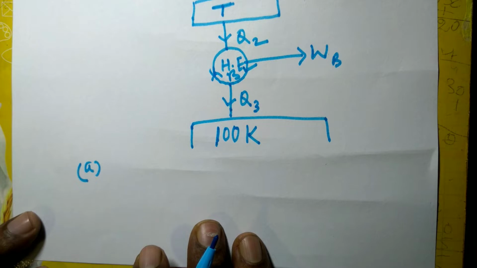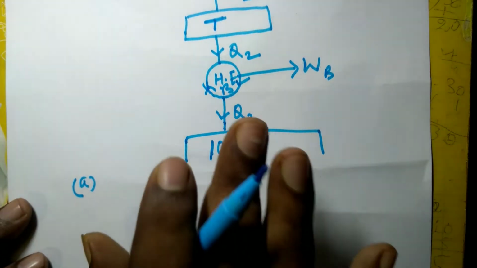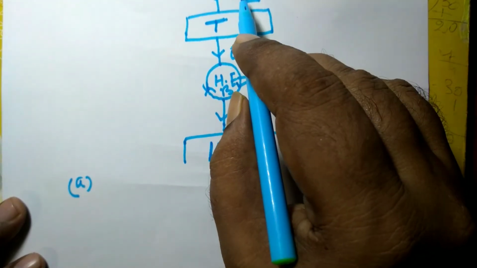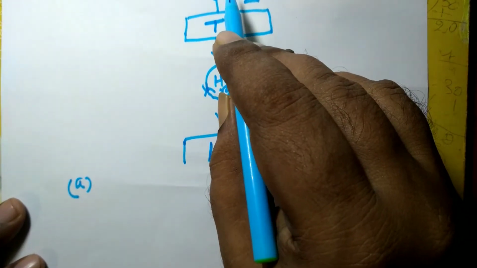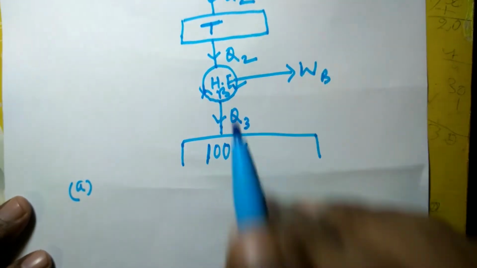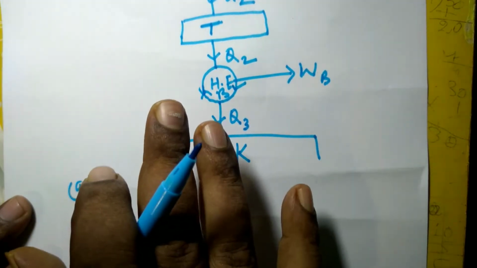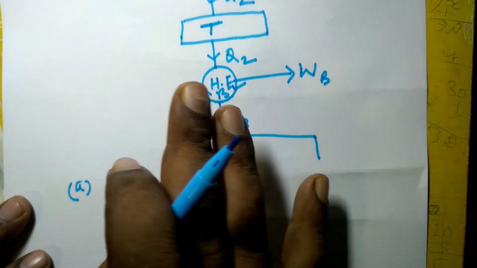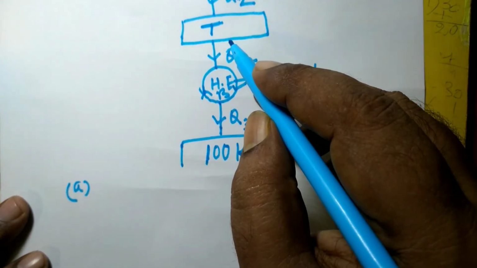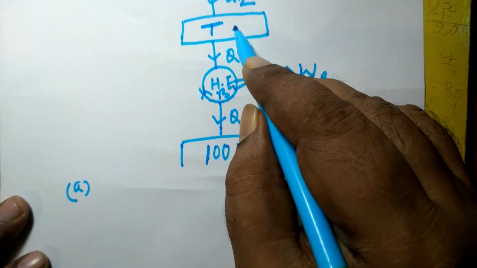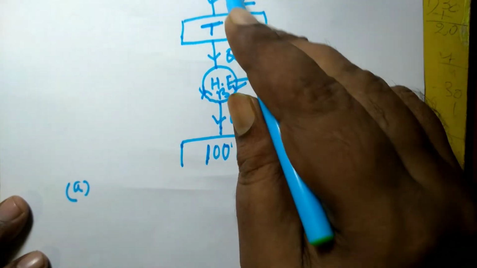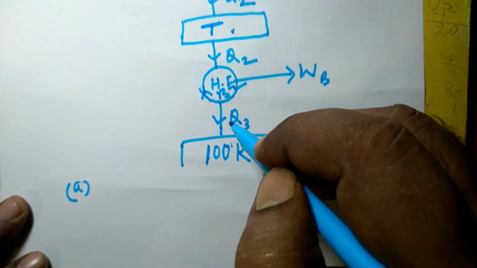If the engines A and B have equal thermal efficiencies, then we have to find out answers to some questions, or we have to find out some values. First of all, we just solved that when the efficiencies of two heat engines are equal, then this intermediate temperature is the geometric mean of the other two extreme temperatures.